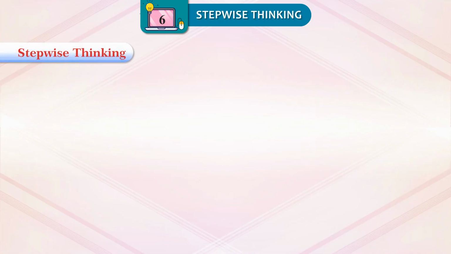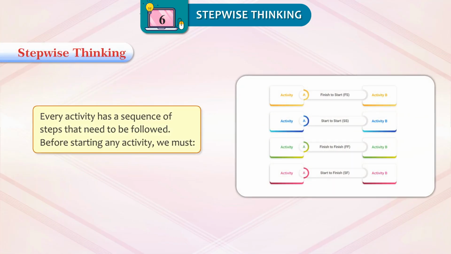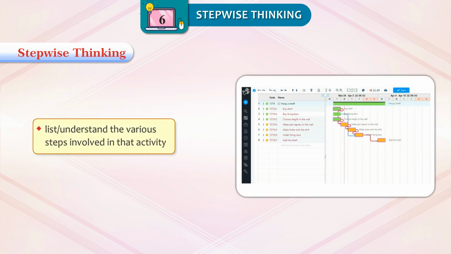Stepwise thinking. Every activity has a sequence of steps that need to be followed. Before starting any activity, we must list or understand the various steps involved in that activity. Identify the main steps of the activity. Identify the detailed steps under each main step of the activity.